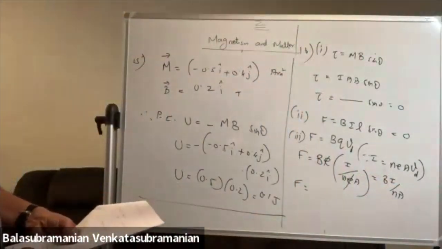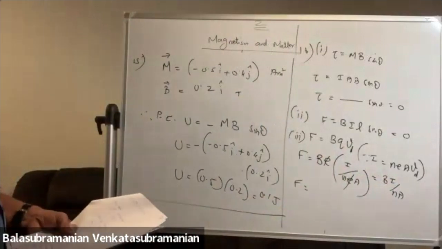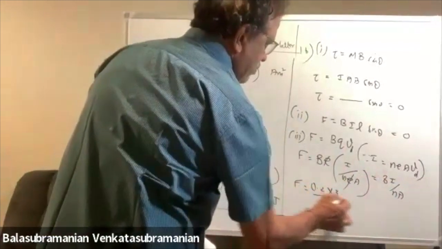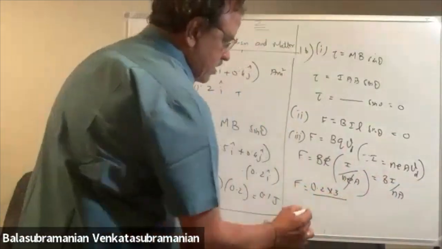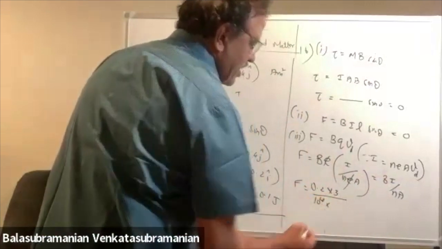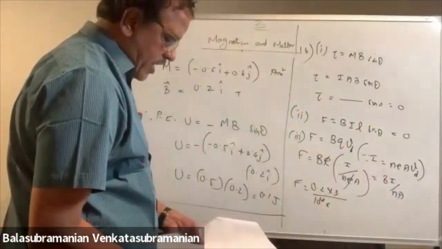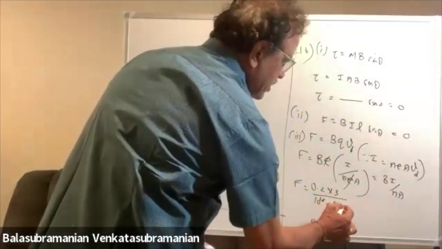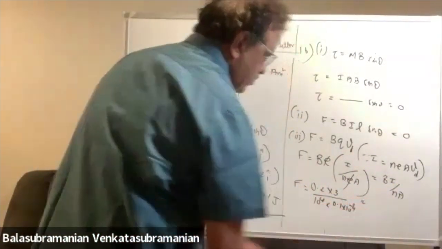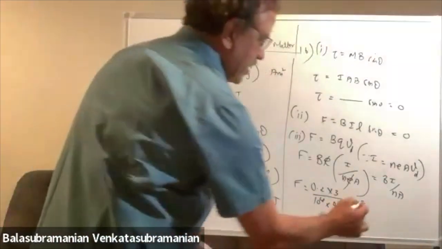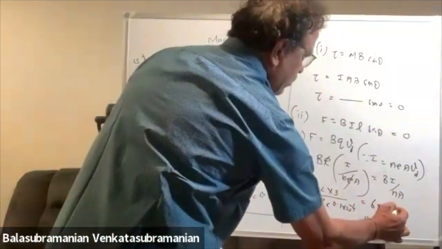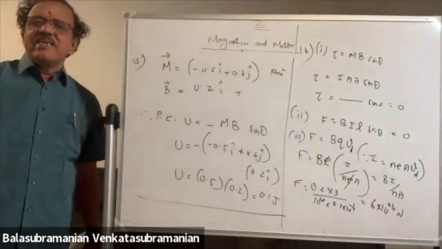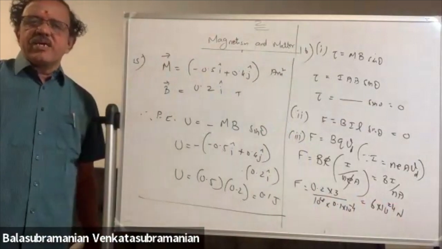Substituting the values: magnetic induction 0.2, current 3 ampere, electron density 10 power 28, and A is 0.1 into 10 power minus 4. Simplifying, you are getting 6 into 10 power 24 Newton.